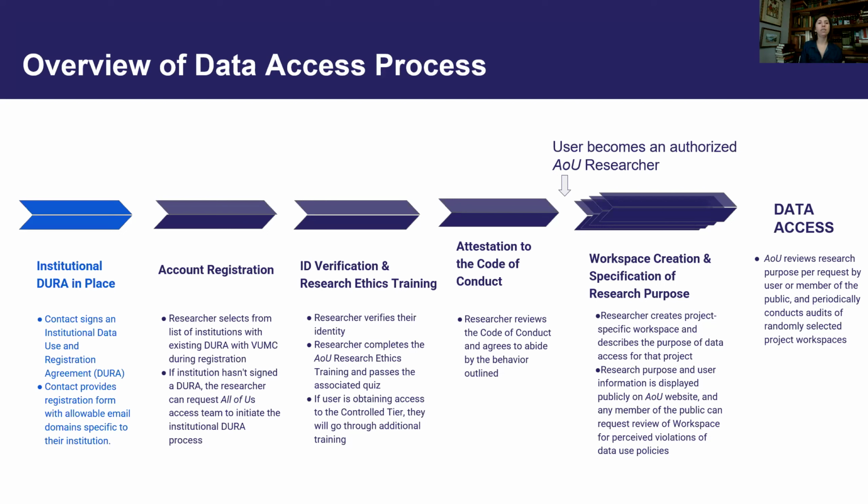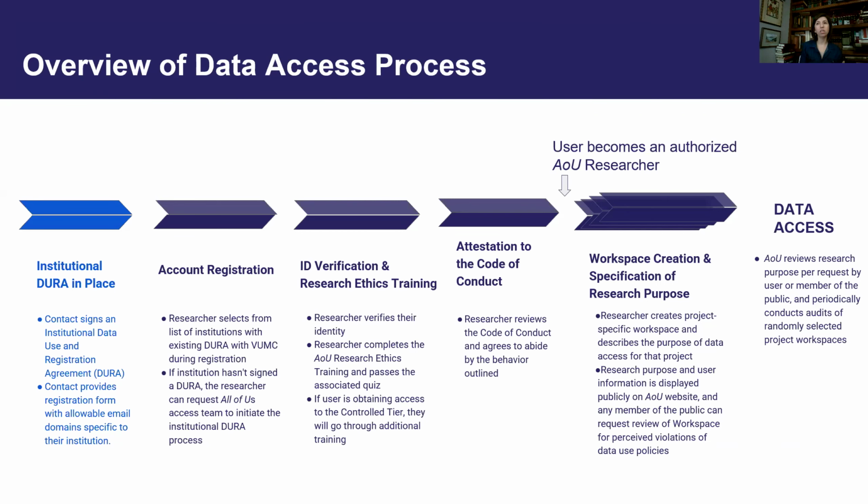So all researchers need to be affiliated with an institution that has a signed data use and registration agreement on file. You'll hear me later refer to that as a DURA. That's the internal acronym we use to describe that documentation, but it's a contract that happens at the institution level. Affiliated researchers at the institutions, we make this available currently to academic, nonprofit, and medical organizations, both domestically as well as internationally.